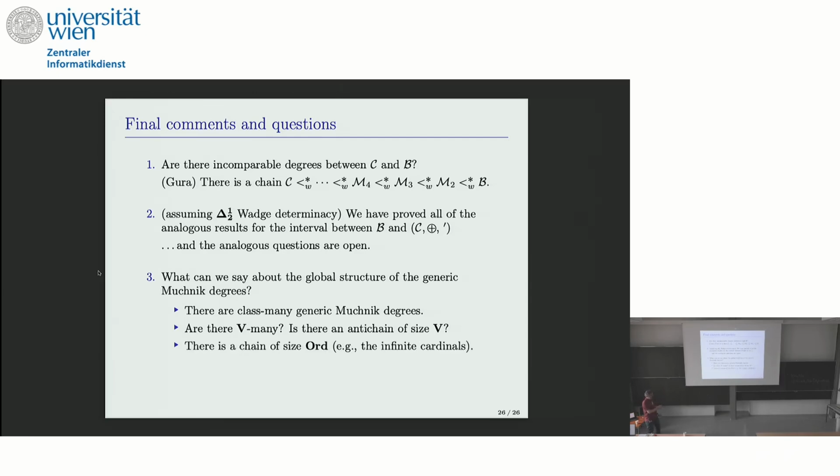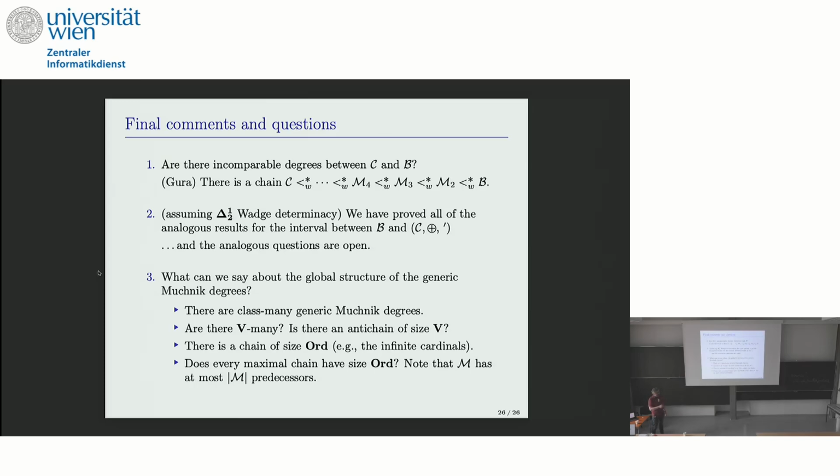There is a chain of size Ord. Just take the infinite cardinals, or if you want to be a little more subtle, you can take the admissible ordinals. That's a chain of size Ord. Does every maximal chain have size Ord? That's a dumb question. But the reason you would think that might be true is that in the Turing degrees we have a countable predecessor property.